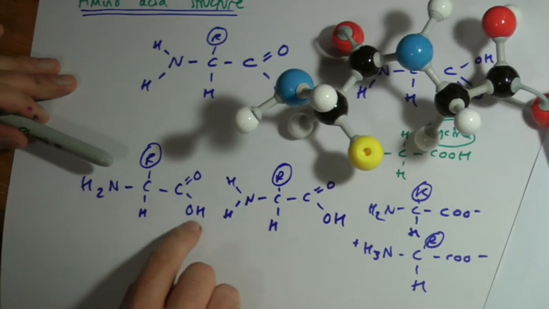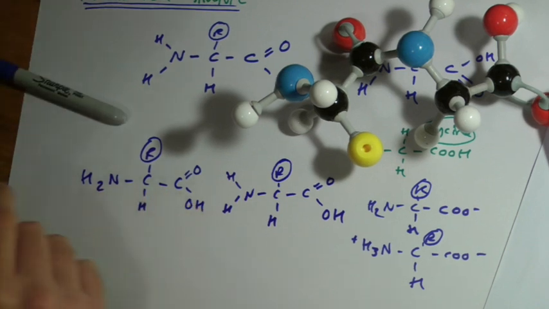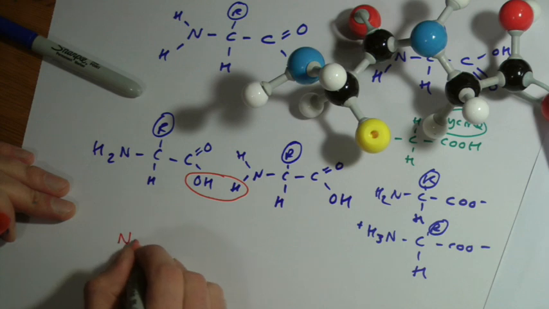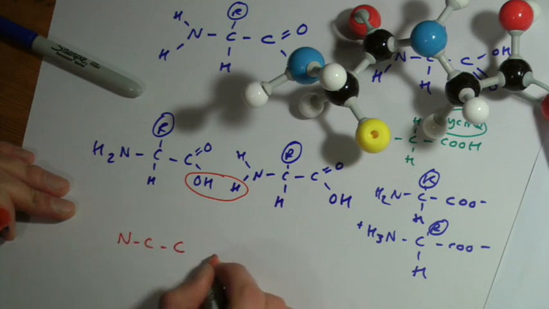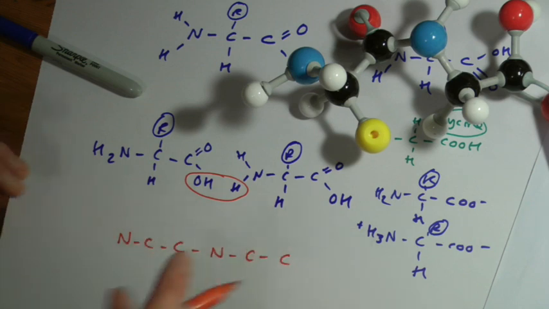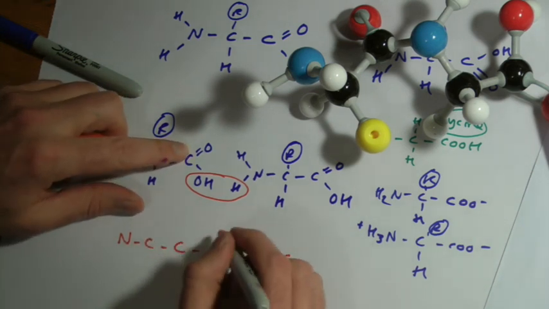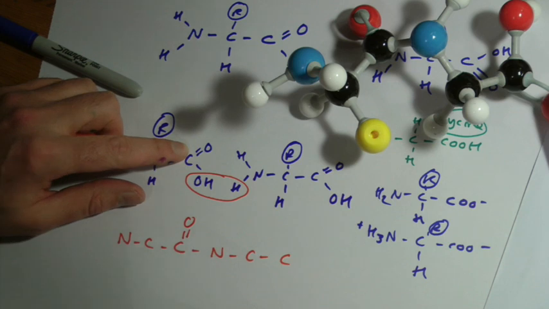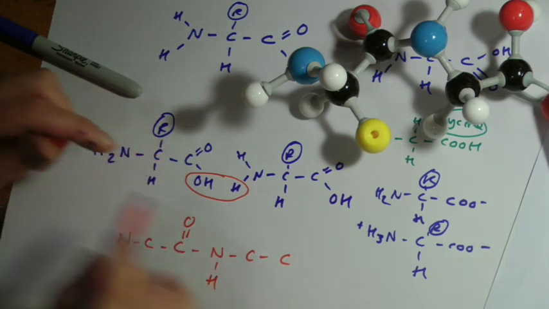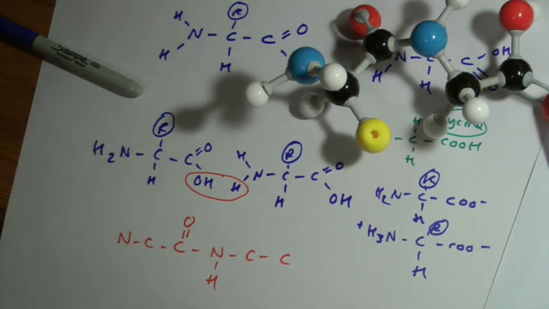So I'm looking here, there's my OH, let's take those two apart, and the bond, I'm not going to redraw all of it, but once I've got that backbone, NCC, NCC, what have I got left? Well, I must have a double bonded oxygen sticking off the top, and the rest is just going to be, there's a nitrogen there, and there is my peptide bond between the two.